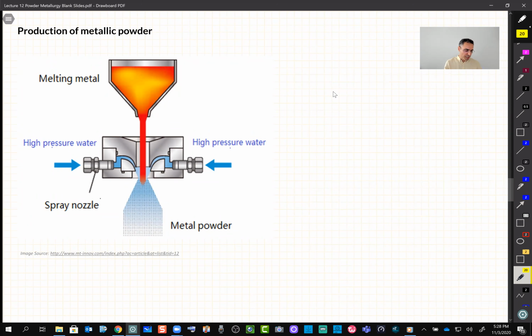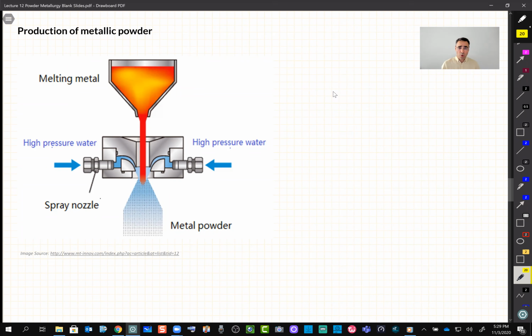Of course, we need to start with powder. We need to make powder, right? This schematic shows one very common approach to make powder. You melt metal, you pour it into a funnel, and then you have high pressure water.